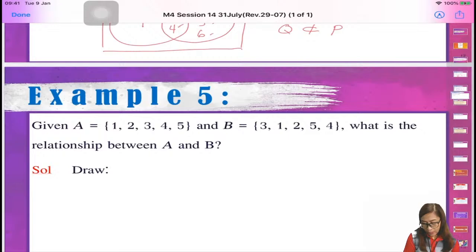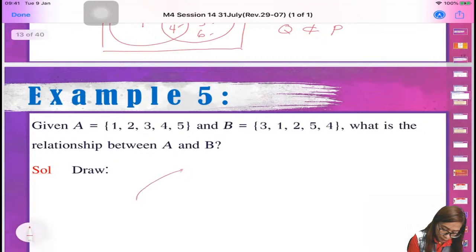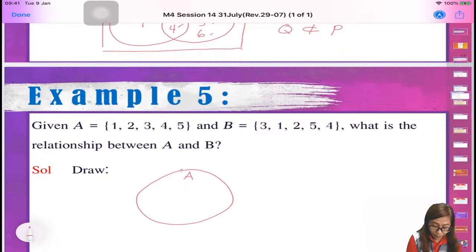So if you see A has 1, 2, 3, 4, 5, so I'll draw the circle, and then you can put A up, or you can put A inside, it's okay. So the elements of A are 1, no comma, 2, 3, 4, and 5, no comma. Just separate the members or the elements.